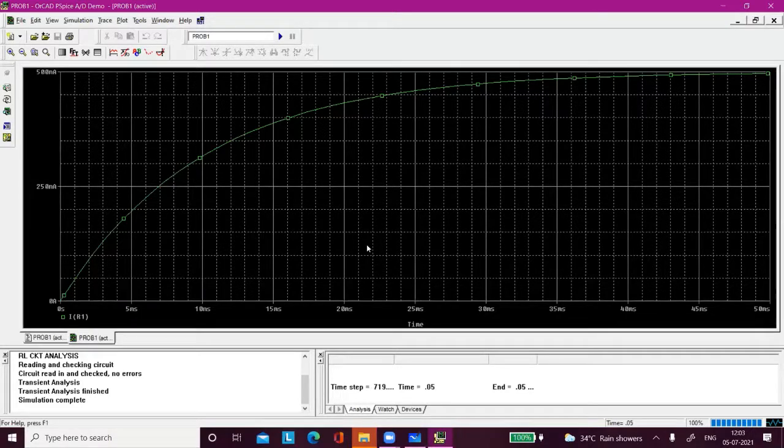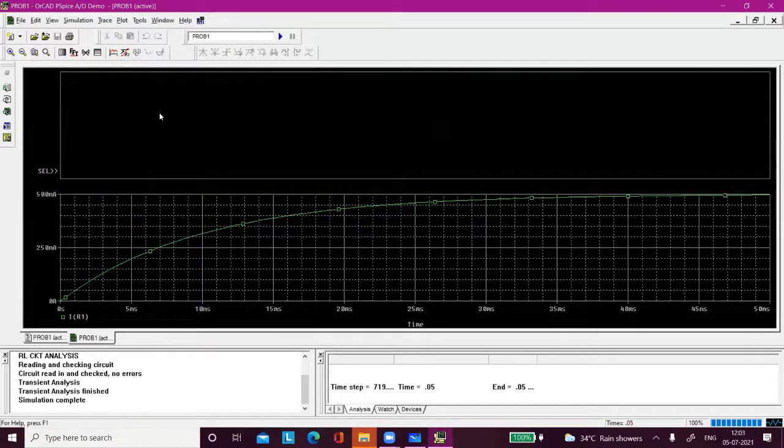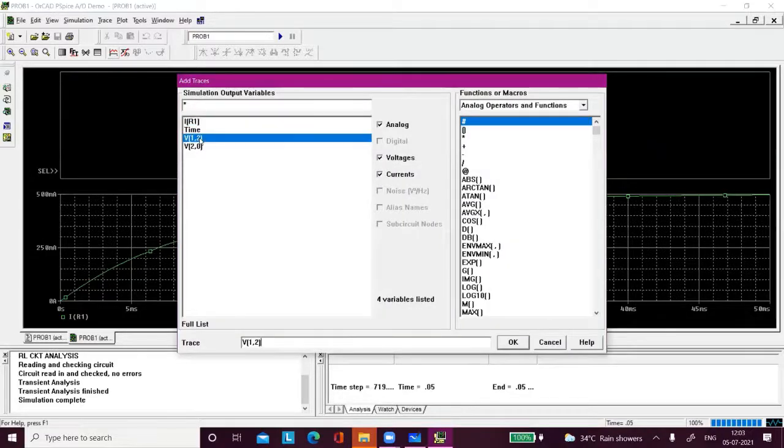All right, current response. Let us now plot the voltage across the resistance. Go to the plot, add plot to the window. Now select V12. That is the voltage across the resistance.